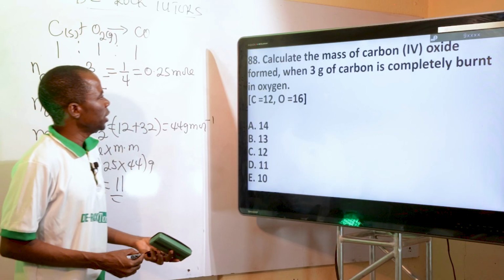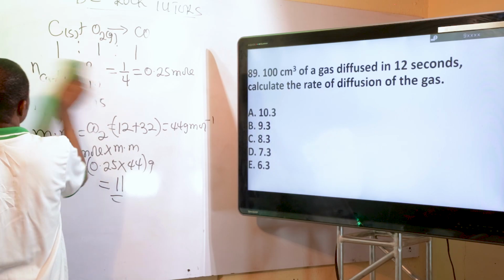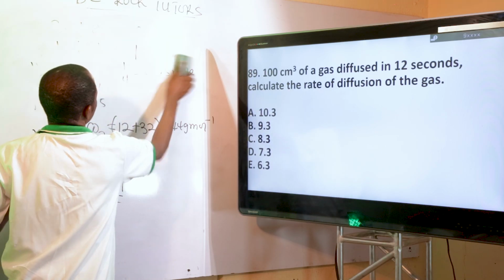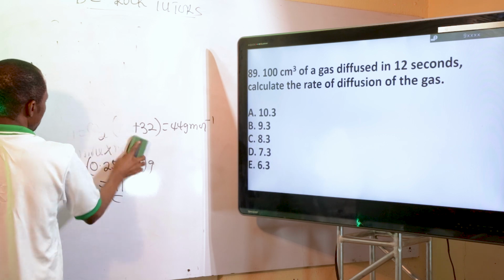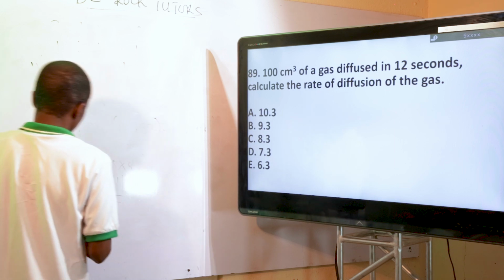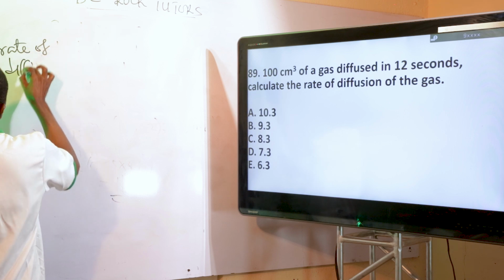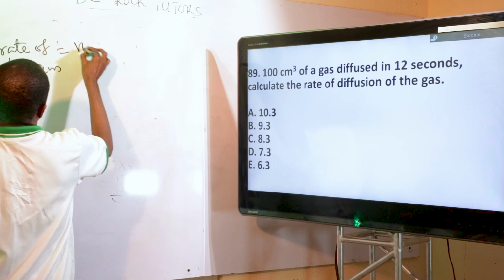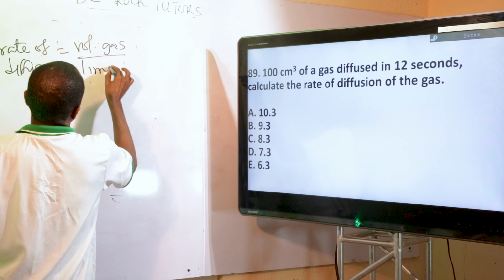Let's go to number 89. Now, 100 cm cube of a gas diffused in 12 seconds. Calculate the rate of diffusion of the gas. That's a simple calculation because we know rate of diffusion is equal to the volume of the gas that diffused divided by the time taken for it to diffuse.